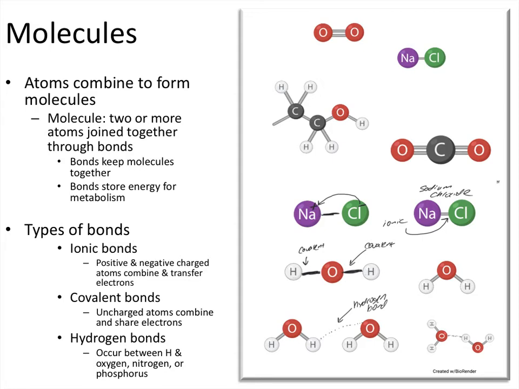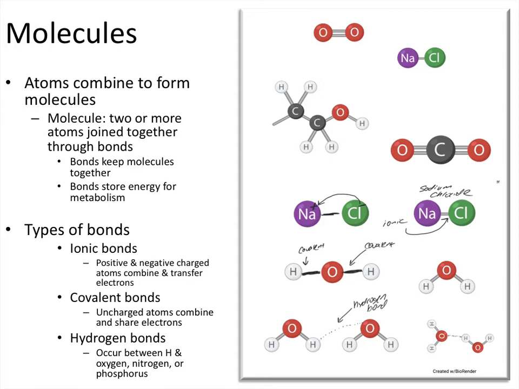Now, there are some other types of bonds out there that aren't quite as important in biology. There's another type of interaction called a van der Waals interaction. Van der Waals interactions are not true bonds, but they can be important in living organisms. The way they work is basically the way magnets kind of work with each other.